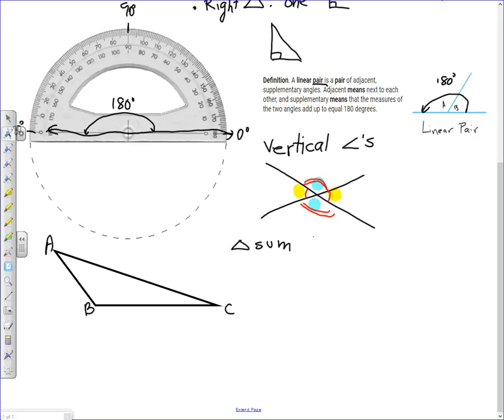Okay, so the triangle sum theorem says the following.